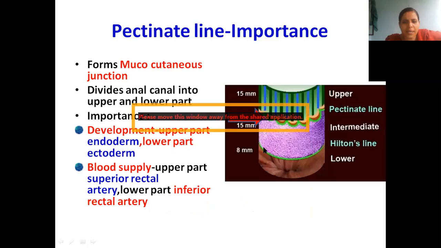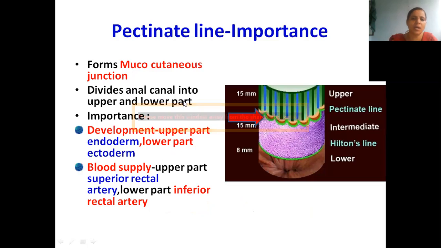Now, the pectinate line, which is formed by the union of these anal columns, actually forms the mucocutaneous junction. That means below is skin, and the upper 15 mm has the mucous lining.